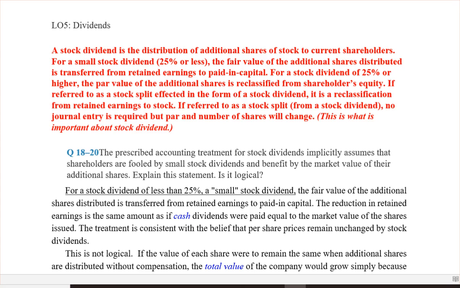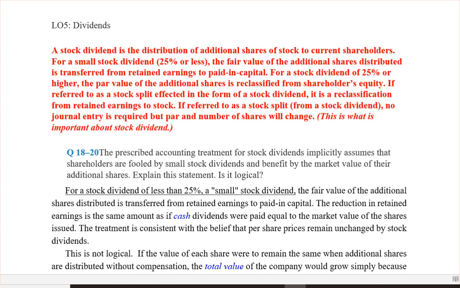The other option you have is to say that it is a stock split, which is effected in the form of a stock dividend. You would actually have a stock split, but when it says effected, it means the journal entry you do will be based upon considering it as a stock dividend.